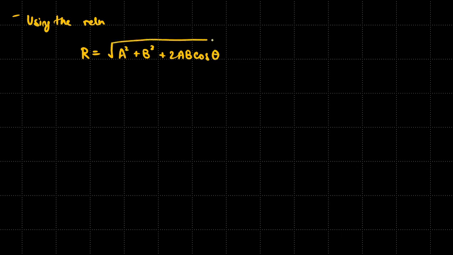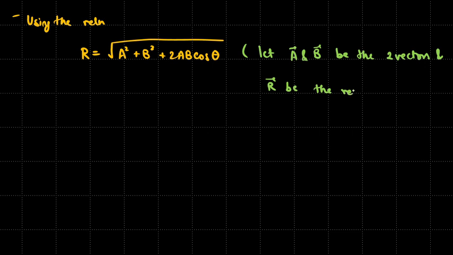Let vector A and vector B be the two vectors, and vector R be the resultant. So we also specified that.